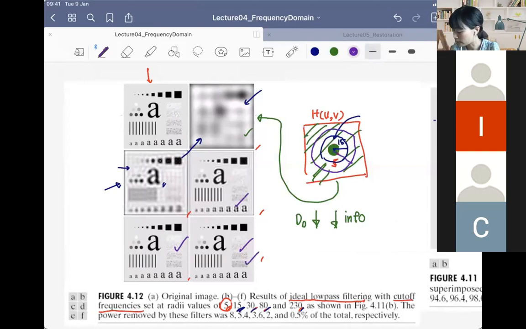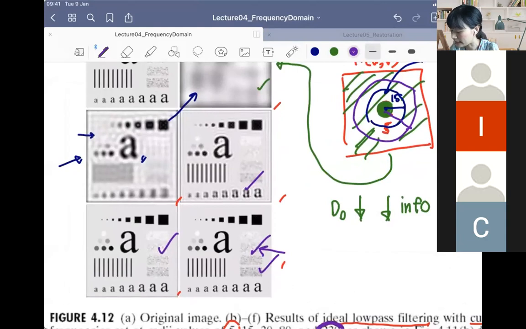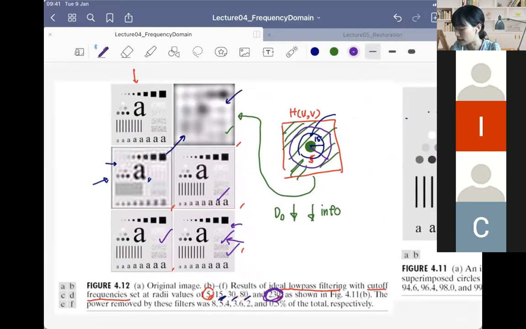Finally, when you get a very large cutoff frequency, you will not see anything unclear at all. It has enough information for your eyes to not detect what has been filtered out. So the cutoff frequency tells you how much information you want to pass through the filter.